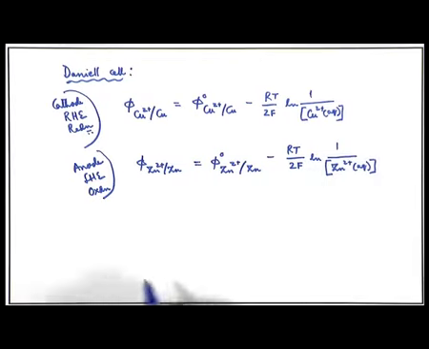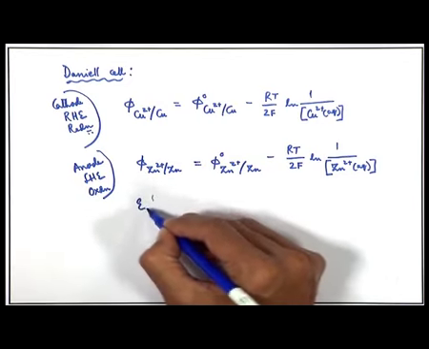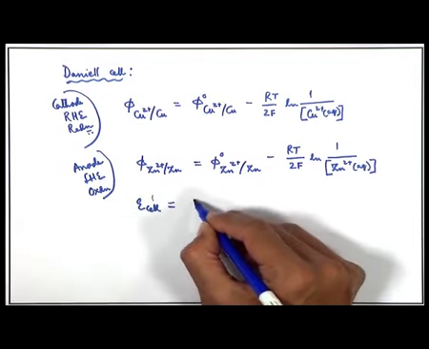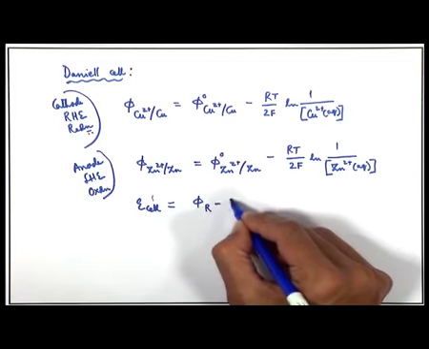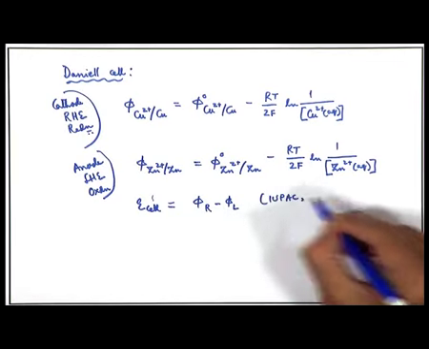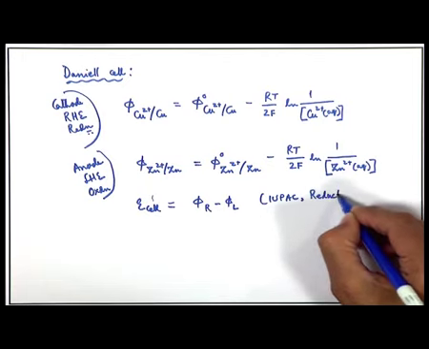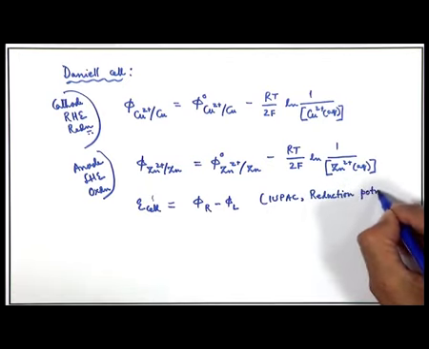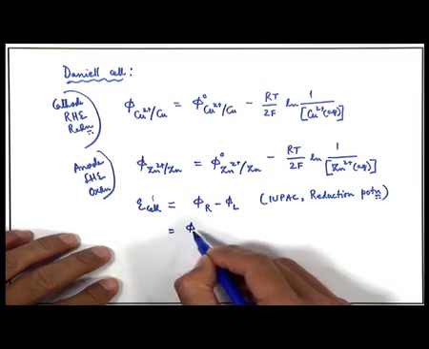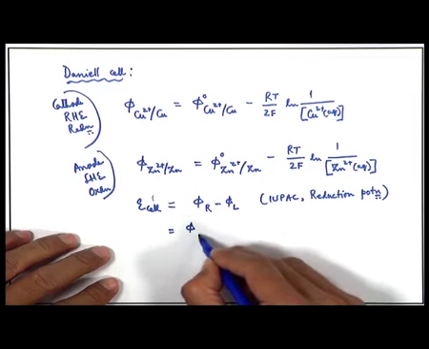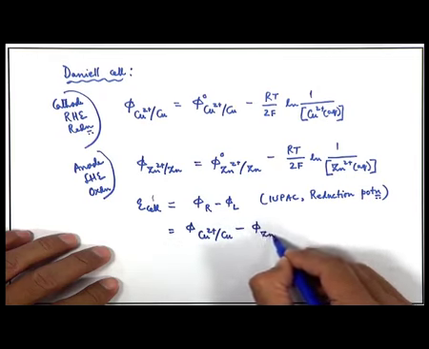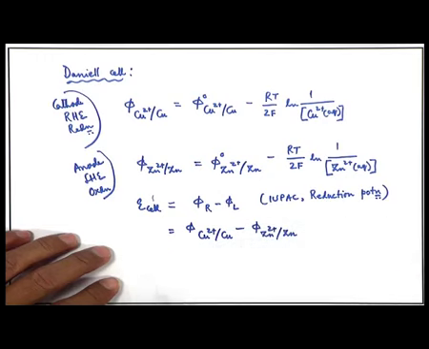We get E cell is equal to, again the same thing, phi right minus phi left, as per IUPAC, using reduction potentials. So, it is phi right minus phi left, means phi Cu2+|Cu minus phi Zn2+|Zn.